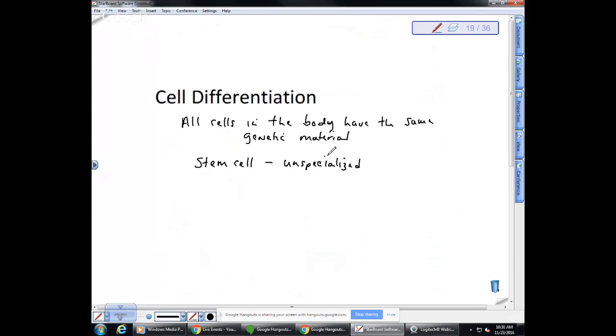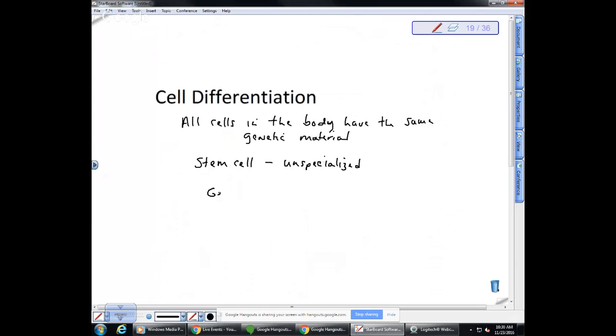Okay. And then as the stem cells start to mature, so early embryonic development, everything's a stem cell. It can become anything. But at some point, the cells start to differentiate, and what happens is that genes are turned on and off, and the cells become from unspecialized to specialized.